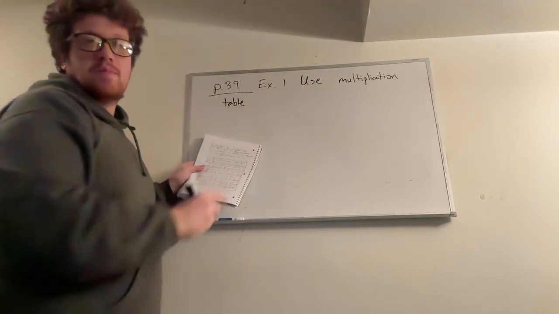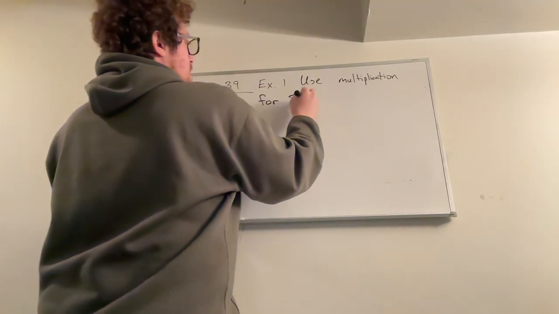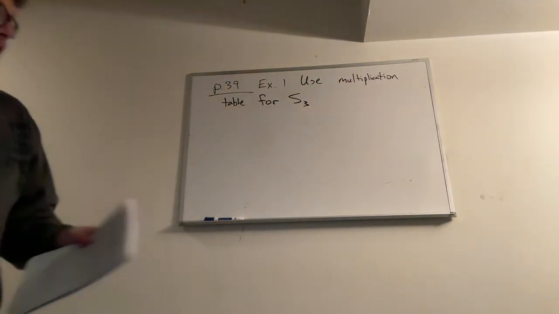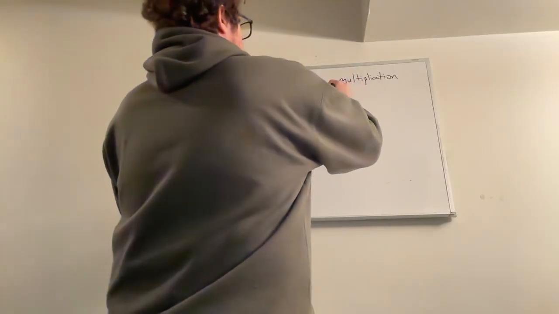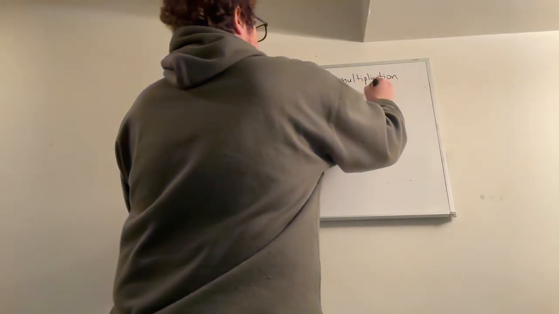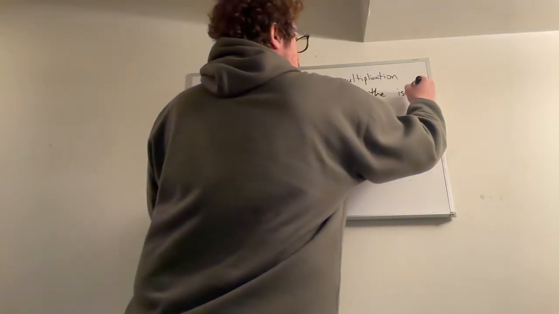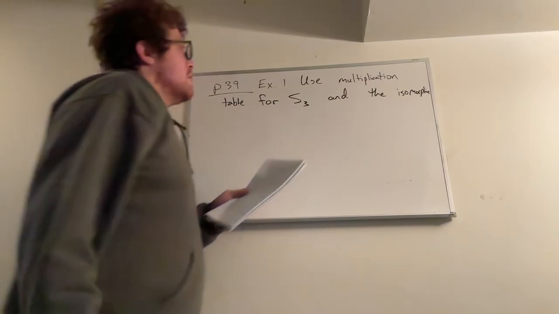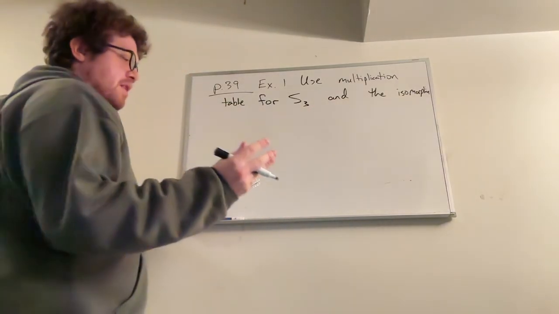Use the multiplication table for S3, which we just had listed up before. We said it had 6 elements. Use the multiplication table for S3 and the isomorphism from the Cayley transformation.